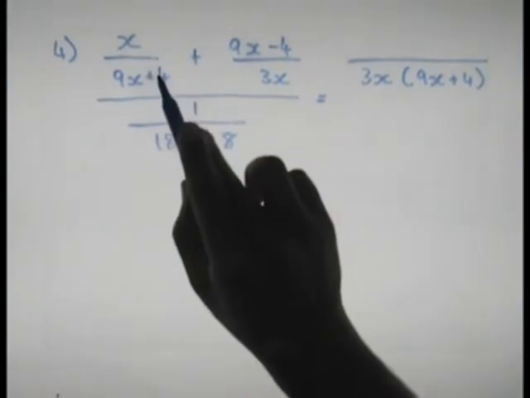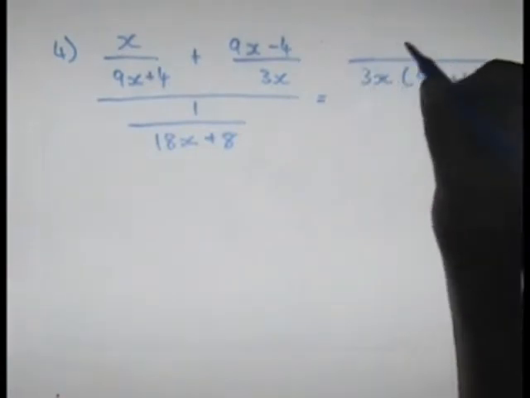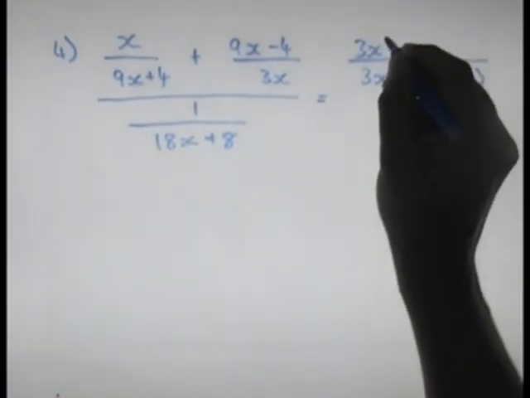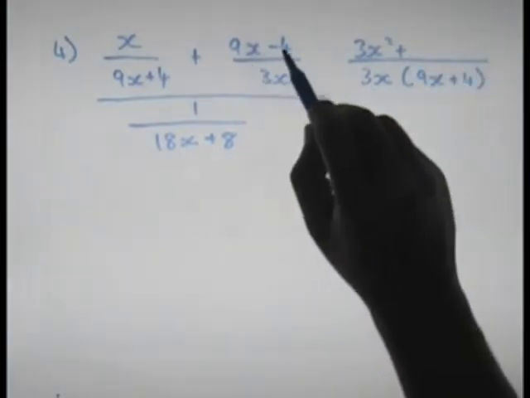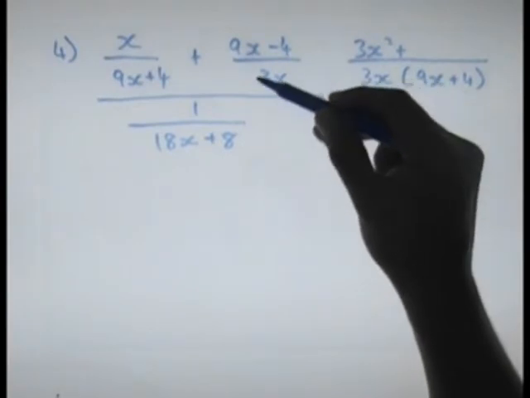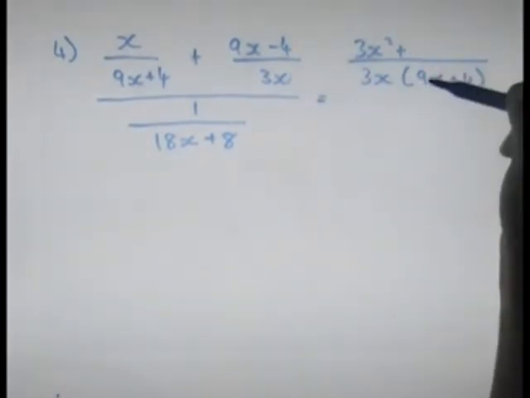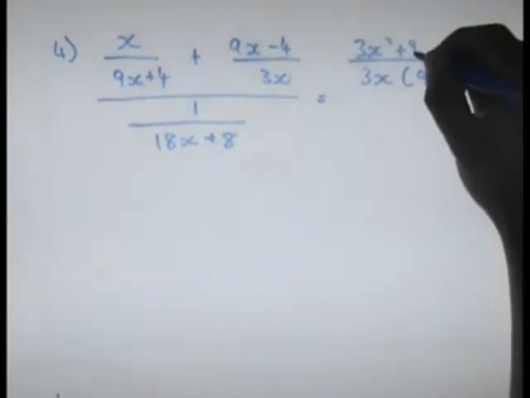I had to multiply that by 3x to get it to that. What I do to the bottom, I do to the top, so that will become 3x squared plus 9x minus 4 times 9x plus 4, because I had to multiply this denominator by 9x plus 4. What I do to the bottom, I do to the top.